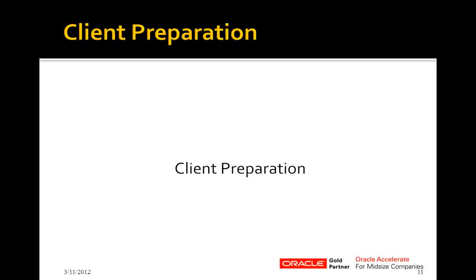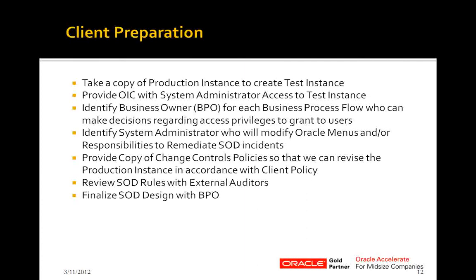Now, in terms of preparing for the assessment, these are some of the things we ask our clients to do before we begin the assessment: take a copy of the production instance and create a test instance. We're going to run a script that extracts information from your test instance so that we can do the analysis.